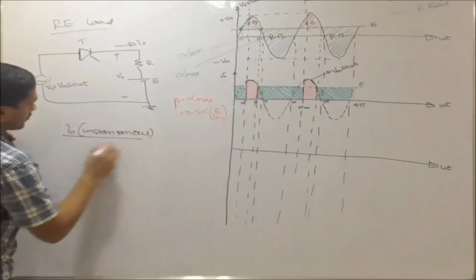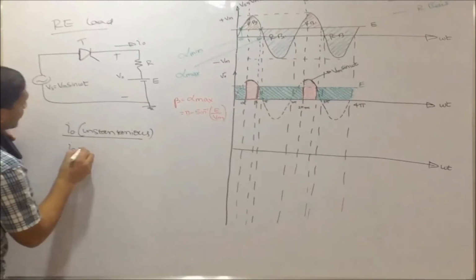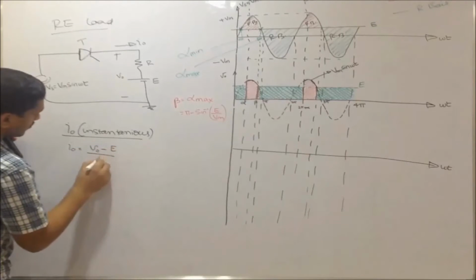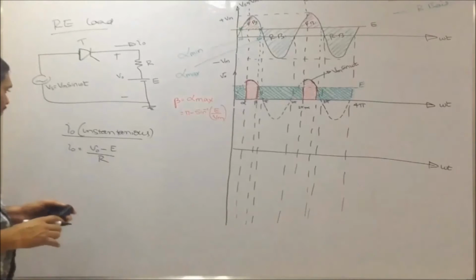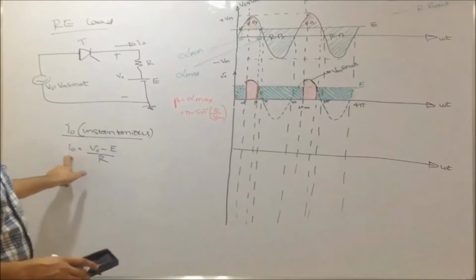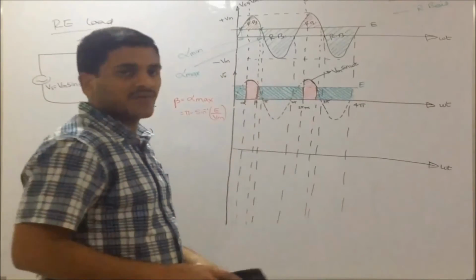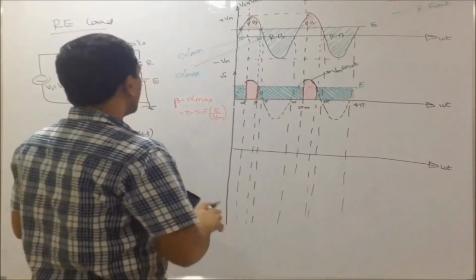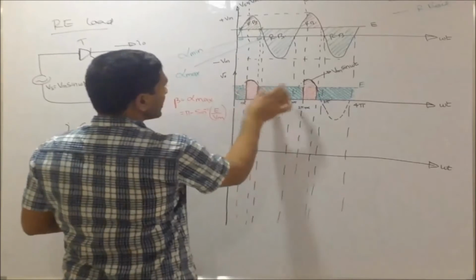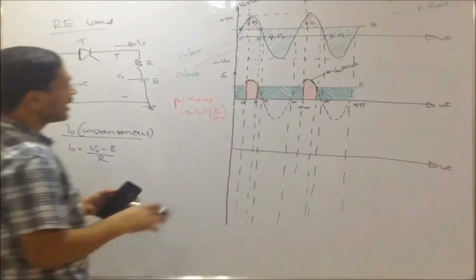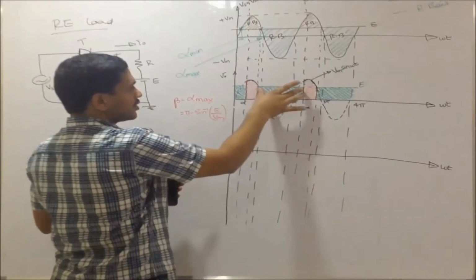The I0 is what? V0 instantaneous minus E by R. So the I0 instantaneous is V0 minus E by R. Even in the graph we can observe the same thing. Whenever this V0 equals E, this E gets cancelled and I don't have any current in this portion.